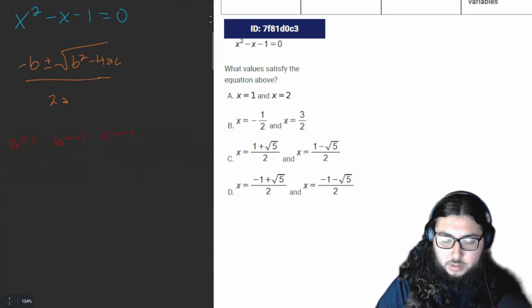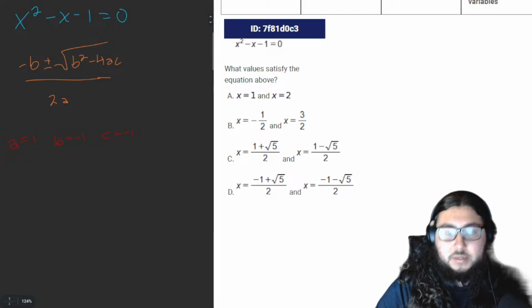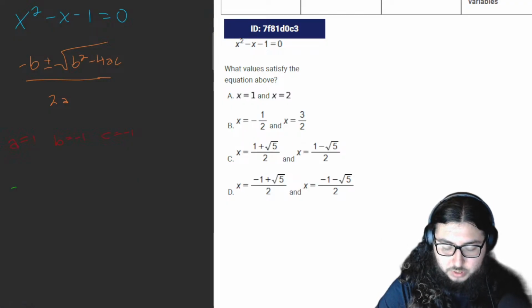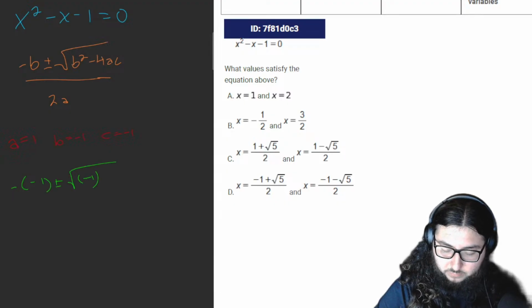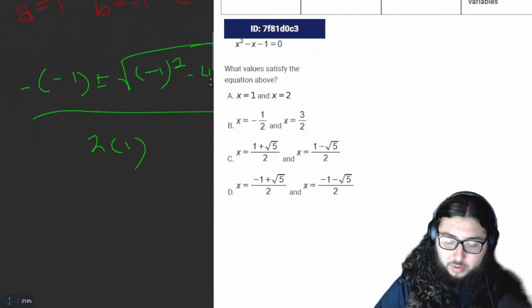Yeah, sorry, I had to verify that everything was correct. And then we're going to do negative of -1 plus or minus the square root of -1 squared minus 4 times 1 times -1 all over 2 times 1. A lot of ones here, but we'll deal with it.